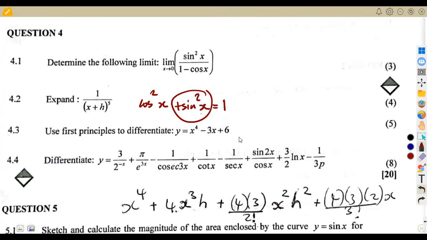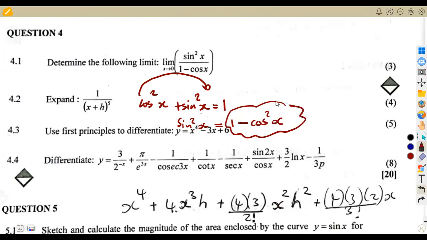So to have the sine squared, it means we are just transposing cos squared x to the other side. So it means that sine squared of x is equal to 1 minus cos squared of x, which is something that we can factorize. So in place of sine squared x, we are going to substitute 1 minus cos squared x.